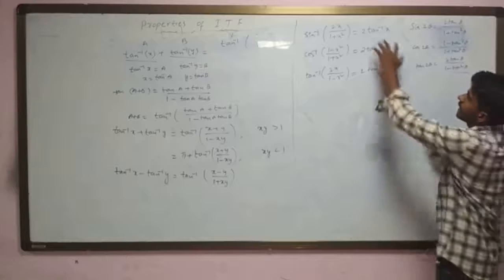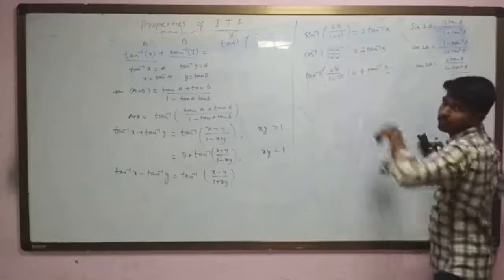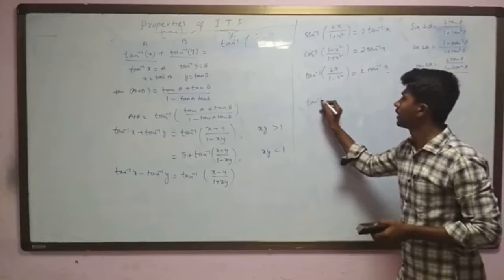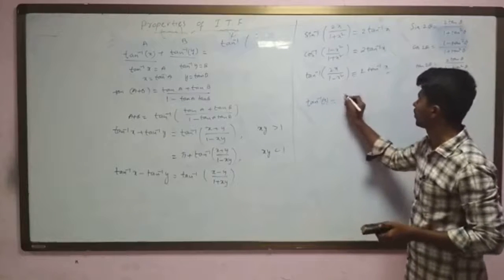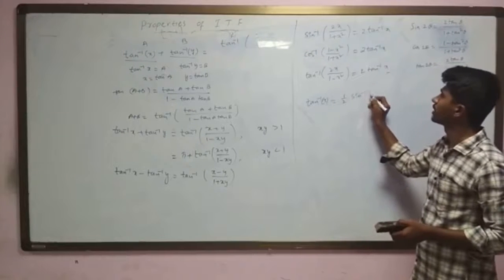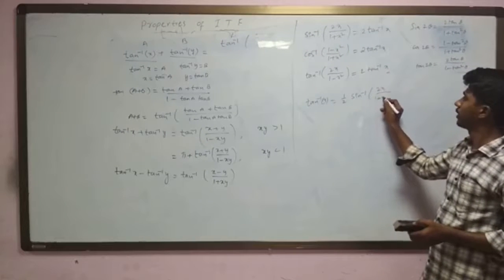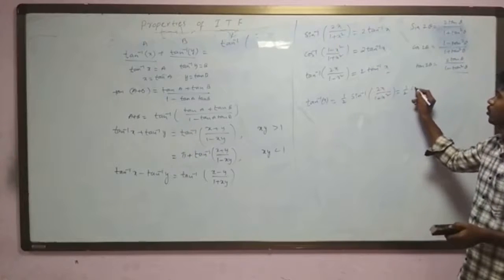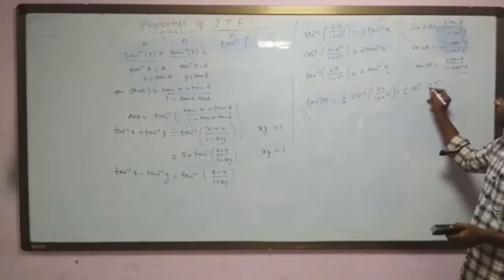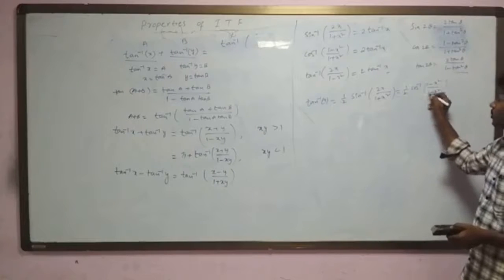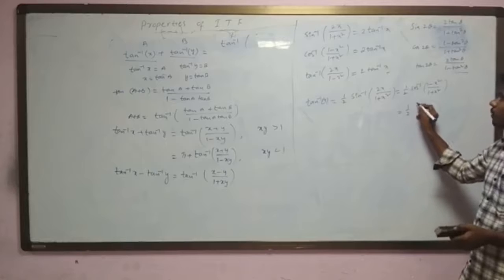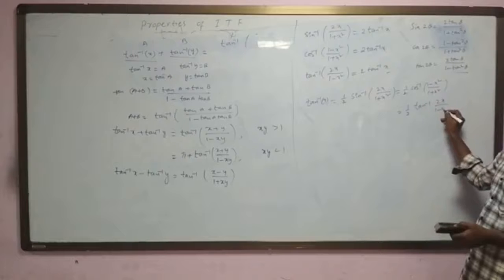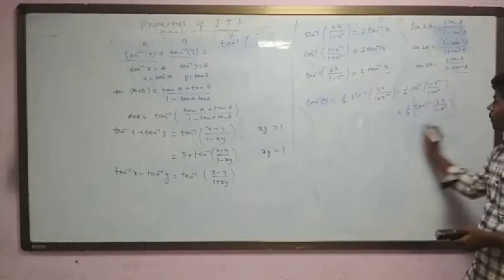If I want to relate tan inverse in terms of half angles, then what I get from this? I can write tan inverse x as 1 by 2 sin inverse of 2x by 1 plus x square, which is equal to 1 by 2 cos inverse of 1 minus x square by 1 plus x square, which is also equal to 1 by 2 tan inverse 2x by 1 minus x square.